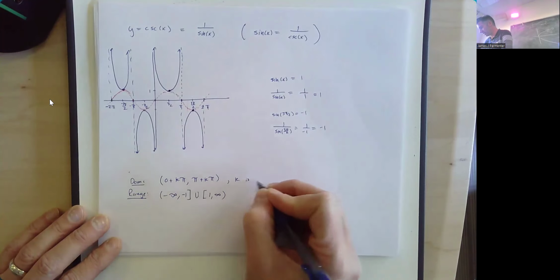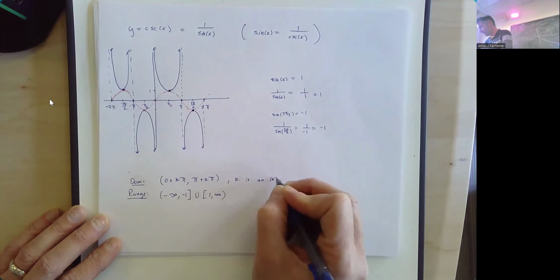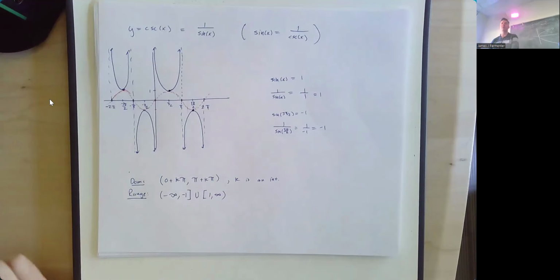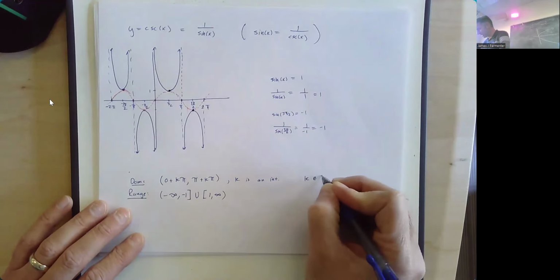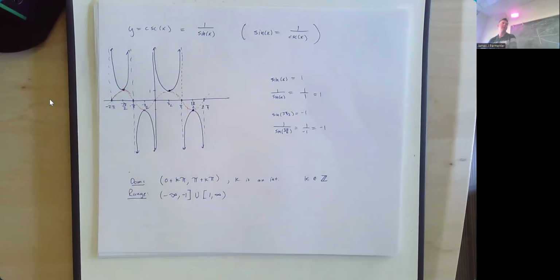K is an integer. Instead of writing k as an integer, you might see your instructor write k is an element of fancy Z. It means the same thing. Fancy Z is the set name for the list of integers. I don't know why they picked Z, but Z is what they picked.